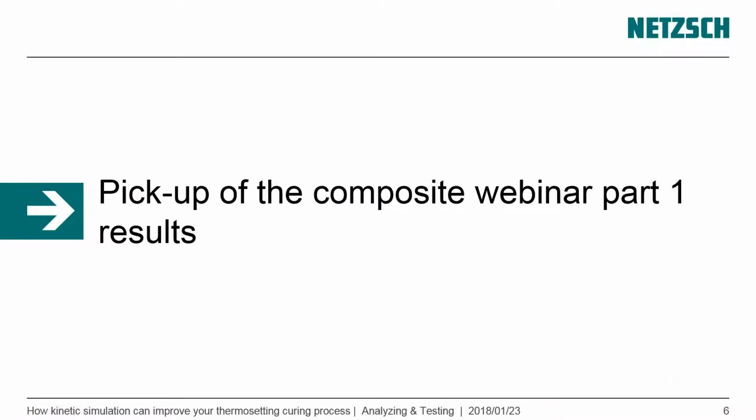So let's pick up some information from the Part 1 webinar in November, so that everybody who hasn't participated in the first webinar will have an idea what we did, what the results were, and what we could find out in comparison of kinetics, quality assurance after process, and in-process material characterization.